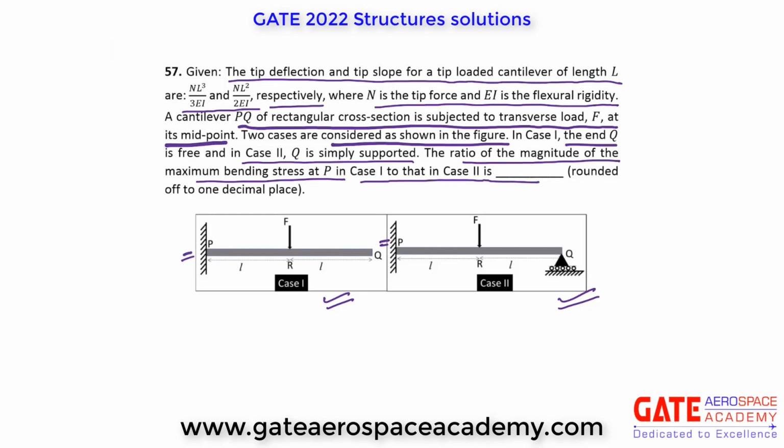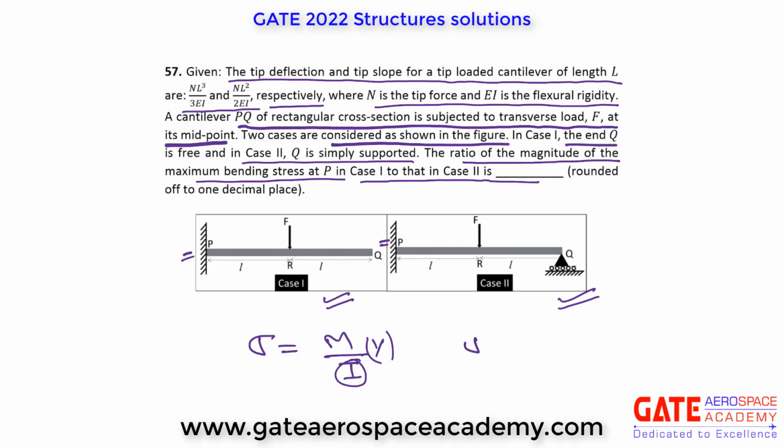So what is bending stress? In terms of moment, sigma is equal to M by I into y, right? So in both cases, moment of inertia I and this y, means distance from the neutral axis, will be same.